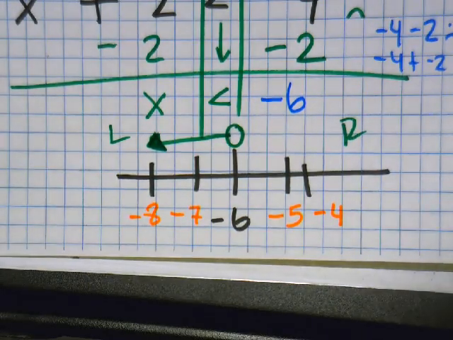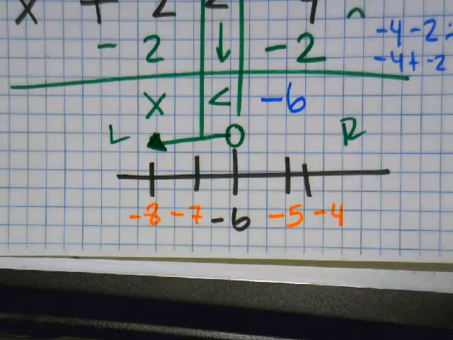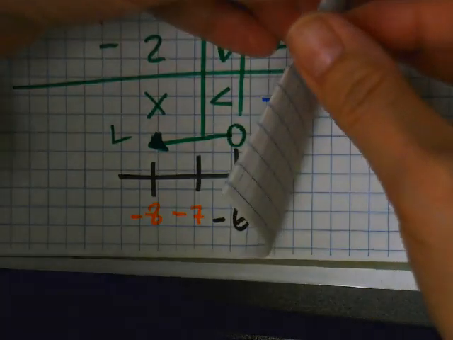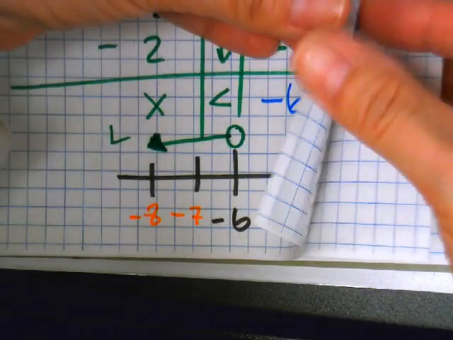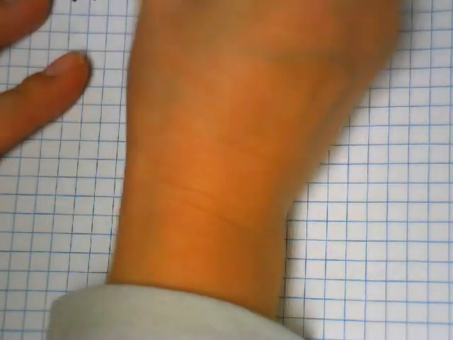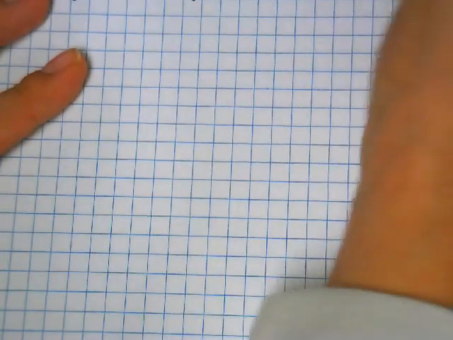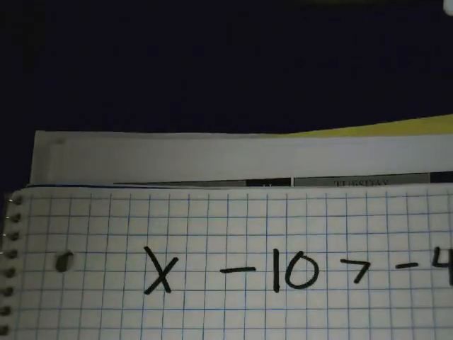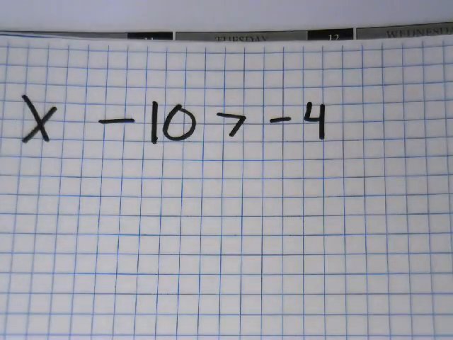All right. What if I start off with a subtraction problem? Let's do them all. X minus 10 is greater than negative 4. Why do I keep using negative 4? Do the opposite operation.